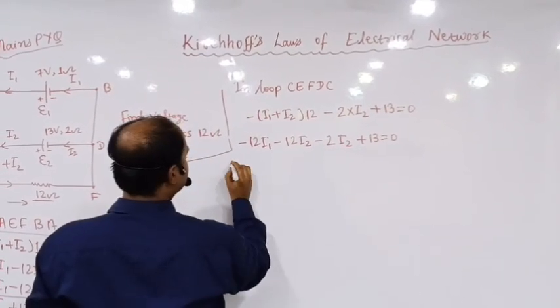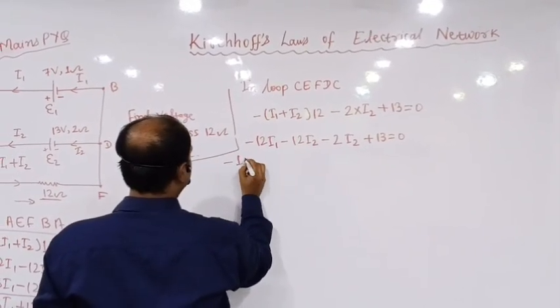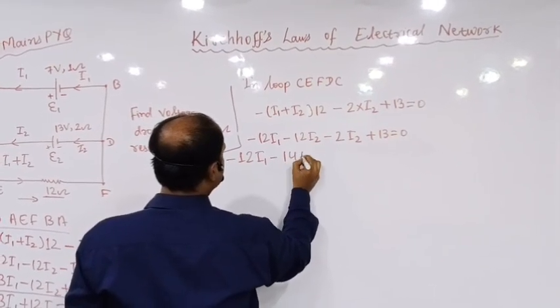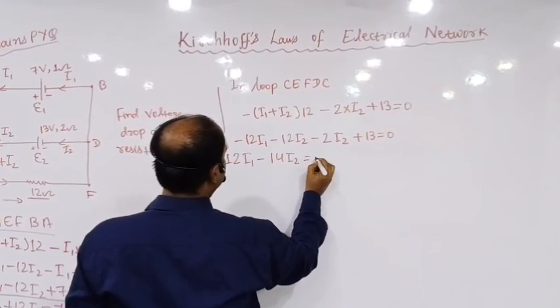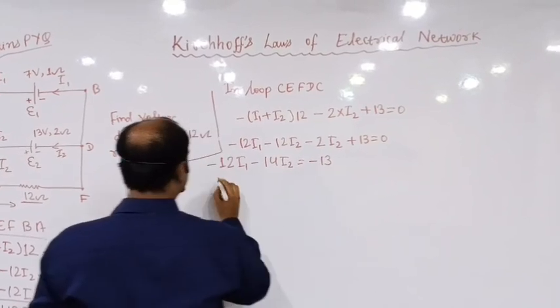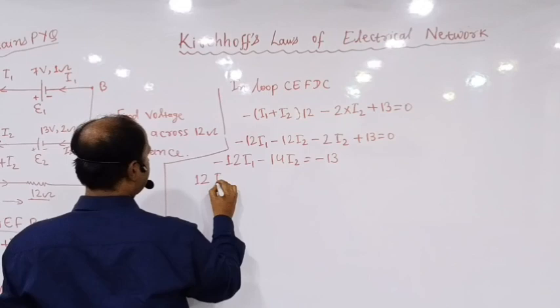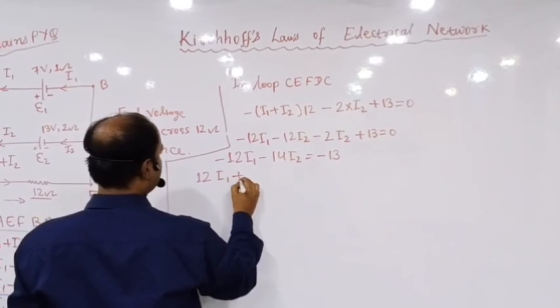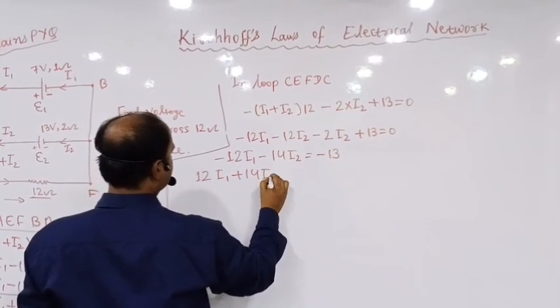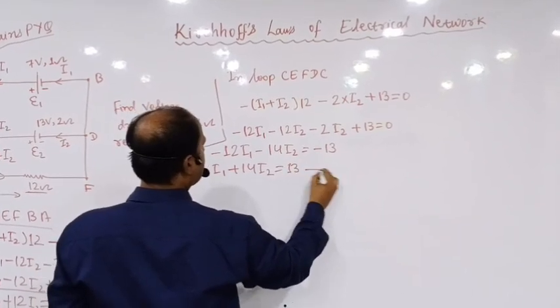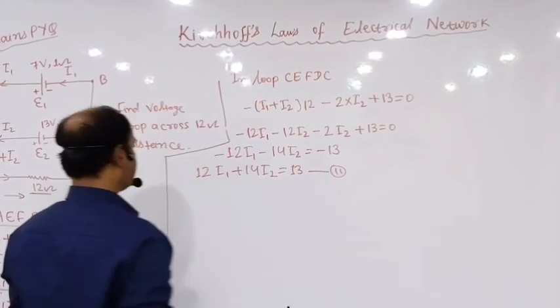Therefore minus 12 I1 minus 14 I2 equals minus 13, so 12 I1 plus 14 I2 equals 13. It is our second equation.